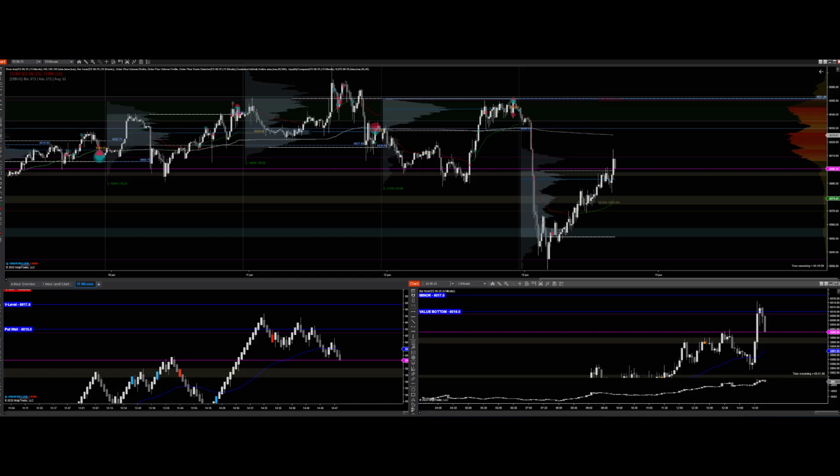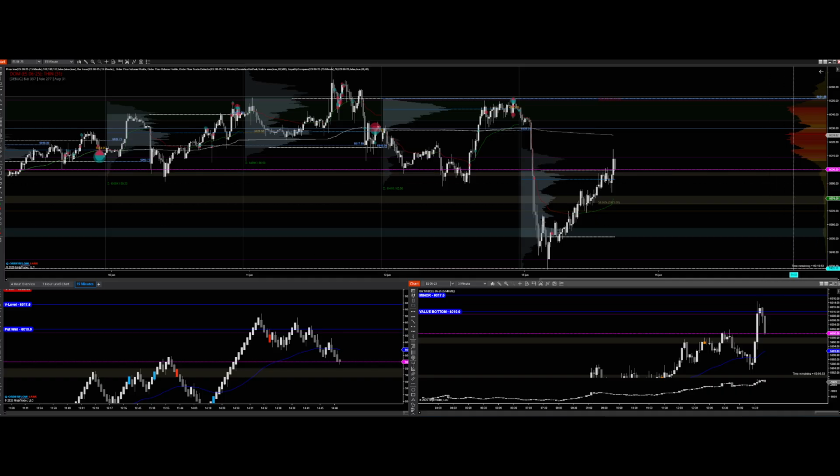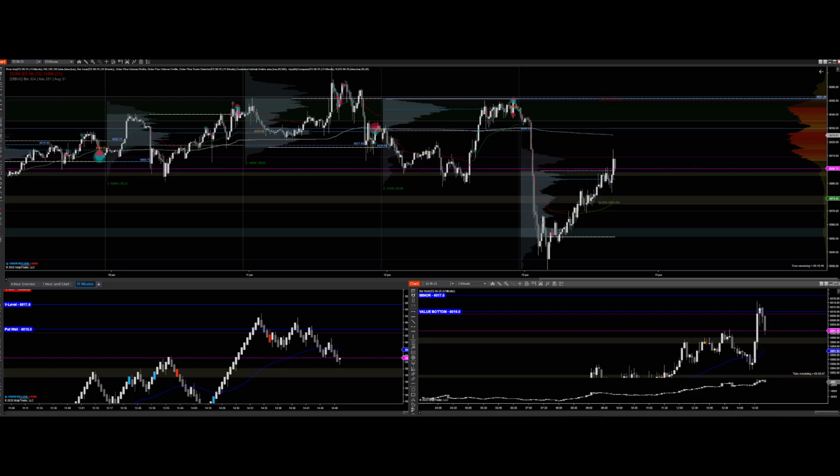Whoa, there we go. Nice push down into our zone. Let's see us react from here. This is a nice pullback.